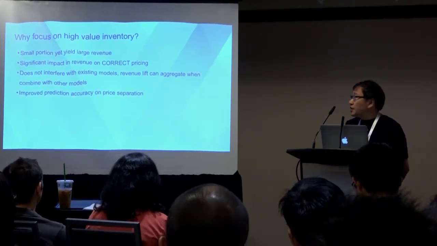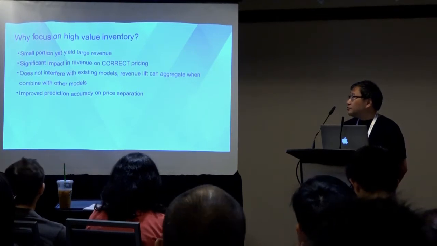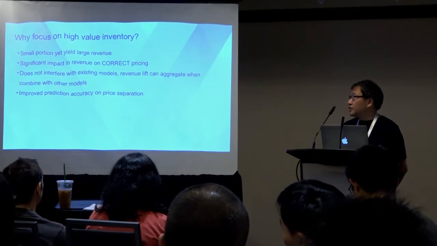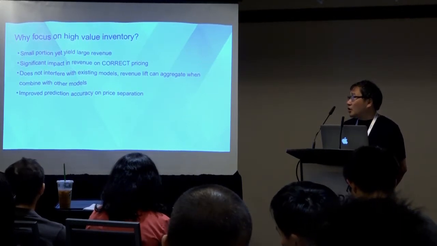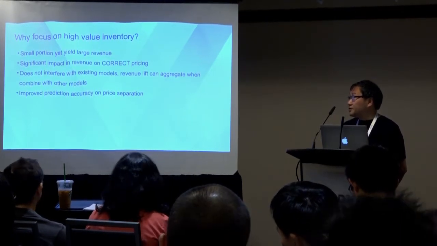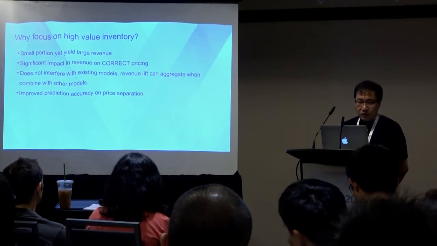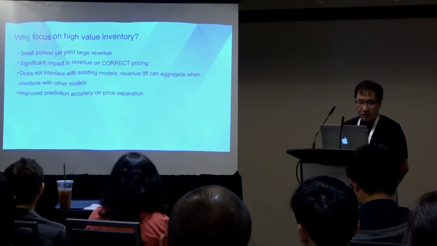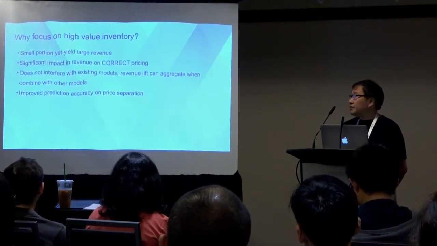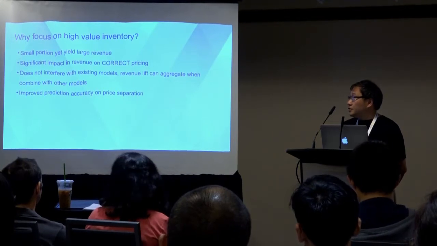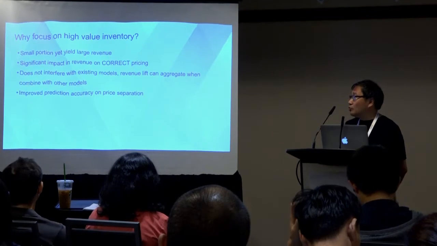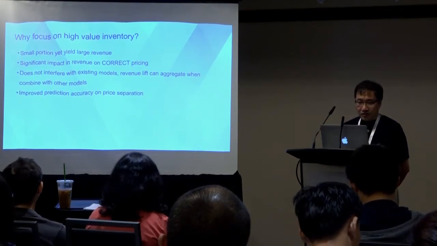So if we can put accurate pricing on those high value inventories, our experiment shows that there is a significant impact on improving revenues on the high value inventories. And there wouldn't be any impact for the rest, most of the inventories on the exchange side. For this reason, most of the buyers won't notice this change.